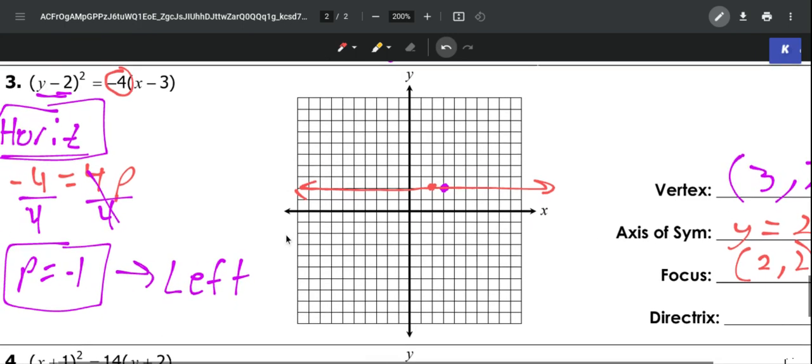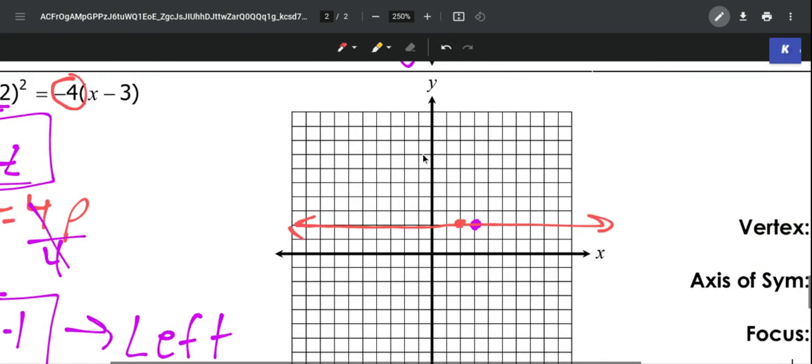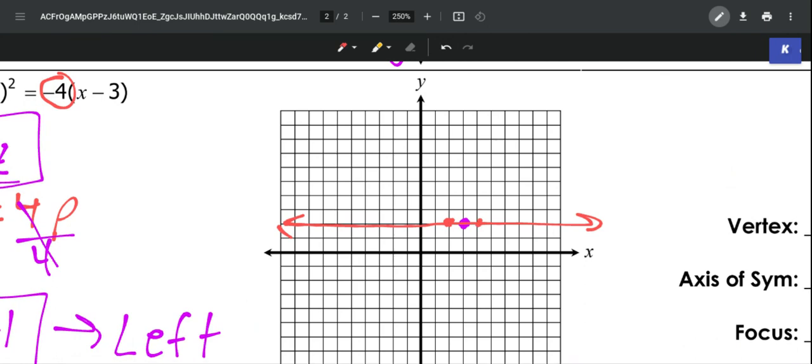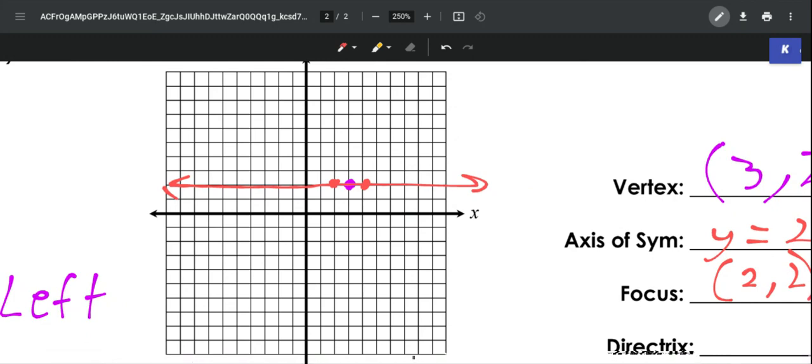All right, then our directrix is going to be 1 unit, but now it's going to be in the opposite direction. So now we're going to go +1 unit, which is actually, if we're moving on the x-axis, that means we're going right 1 unit. So that would be right here. And that's the point that our line's going to go through.